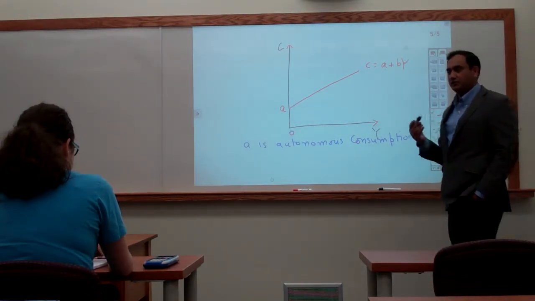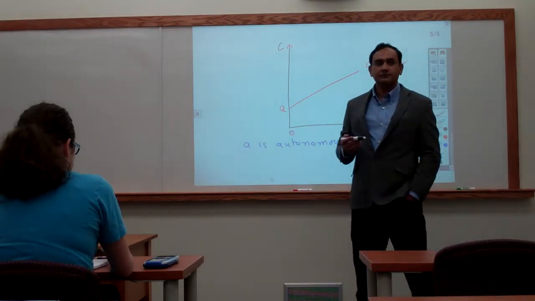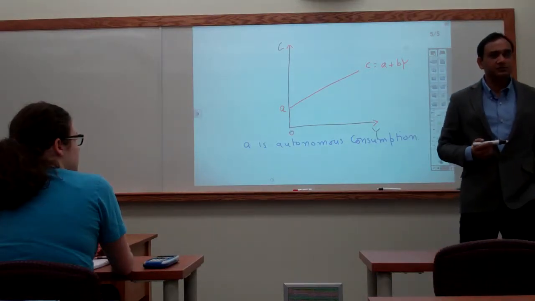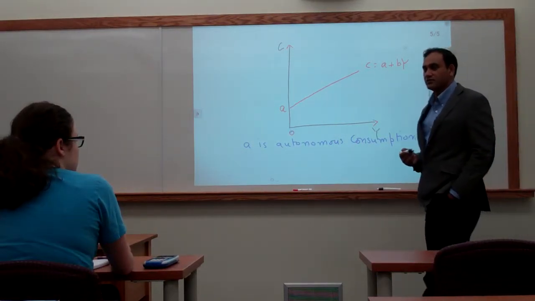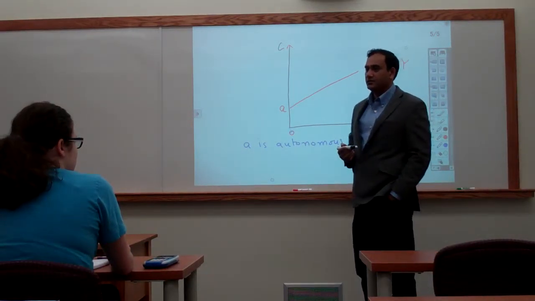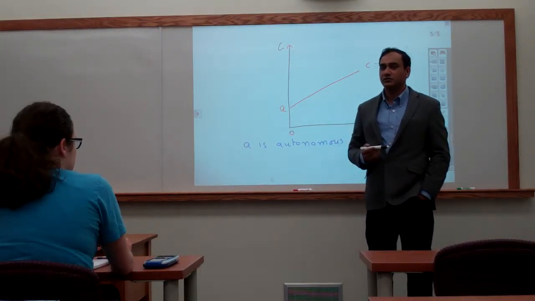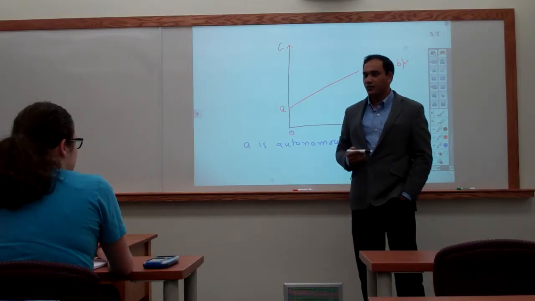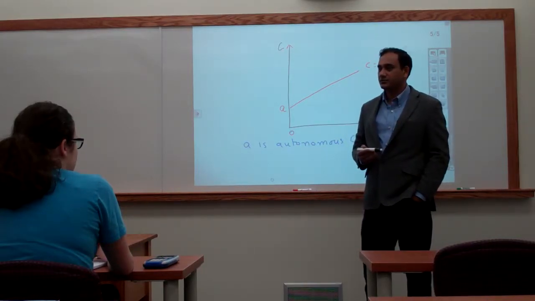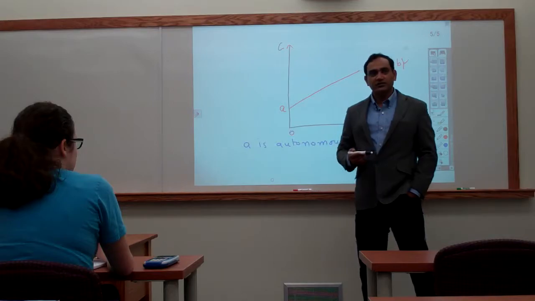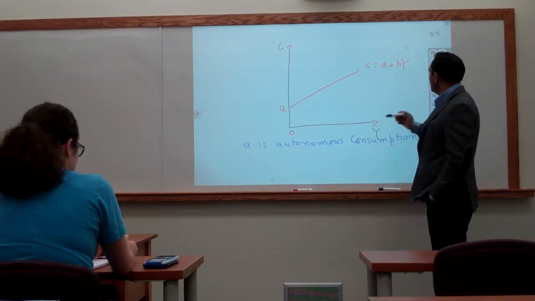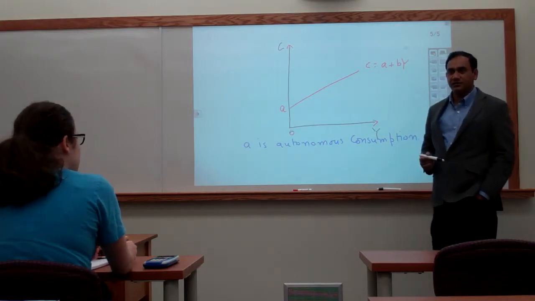And what is B? You're familiar with the equation of a straight line from your high school math class. What is the equation of a straight line? Y equals mx plus b, something like that. What is m in that equation? The slope of the line. So it looks similar, isn't it? M is your B here. Can you see that?